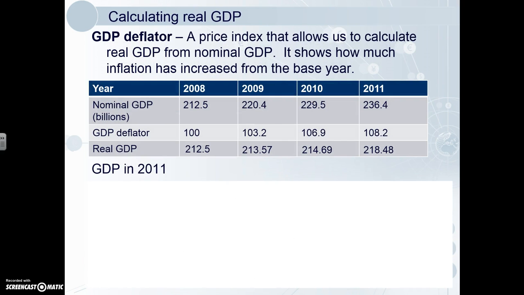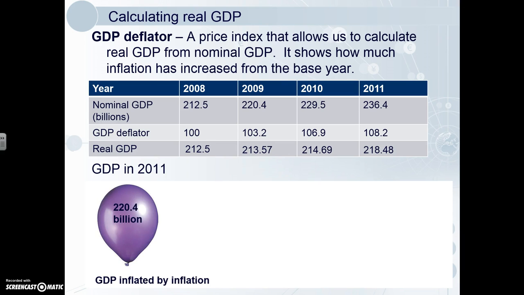Now, some students can be confused by the term deflator, so I'll try to illustrate it here by looking at the GDP figures for 2011. Here we see the nominal GDP of $220.4 billion. This isn't real GDP, this is GDP inflated by inflation.